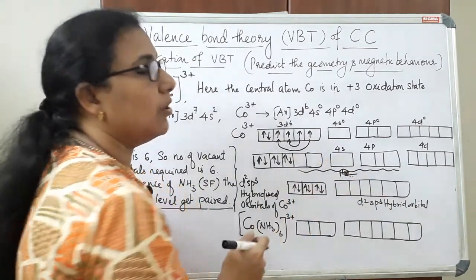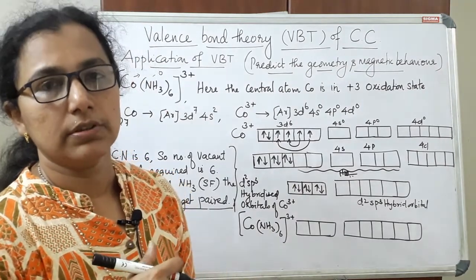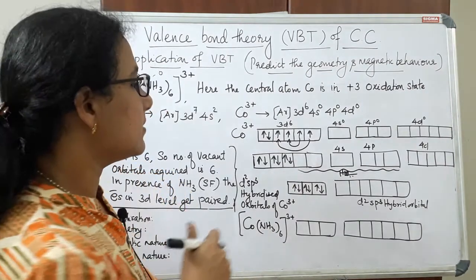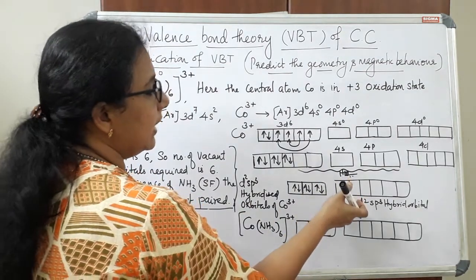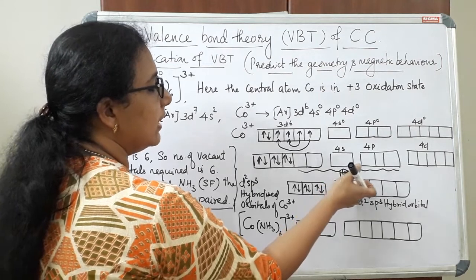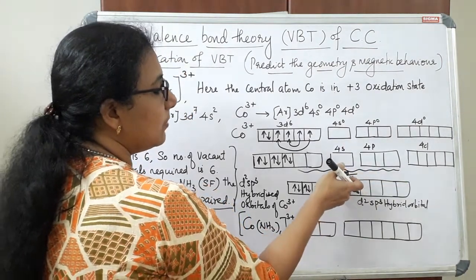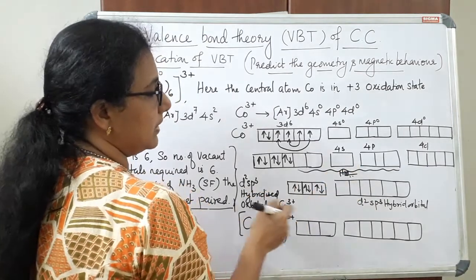This vacant orbital will accommodate all the electrons coming from the ligands. So the ligands are giving electrons in these vacant d orbitals of the metal. So this vacant d orbital is actually a hybrid orbital.